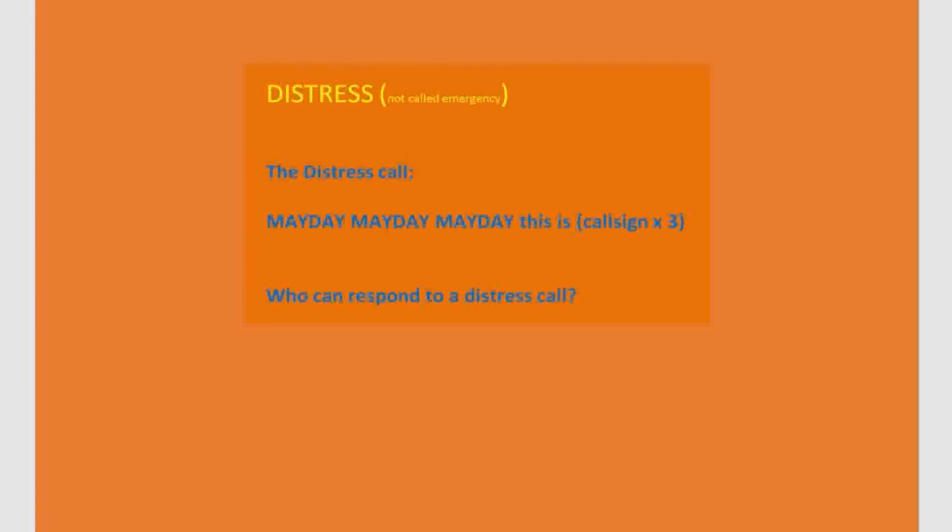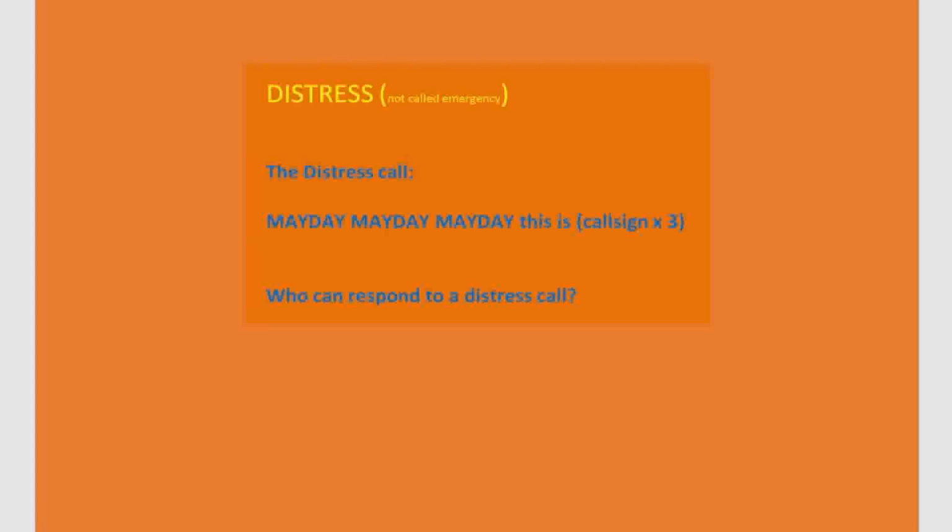I mean, if you're a radio amateur, you really don't have an awful lot you can do except take down the information from the person giving the Mayday and pass it on to the proper authority. But the best thing to do at first is to wait and listen and see if someone better placed than yourself responds to the Mayday call.